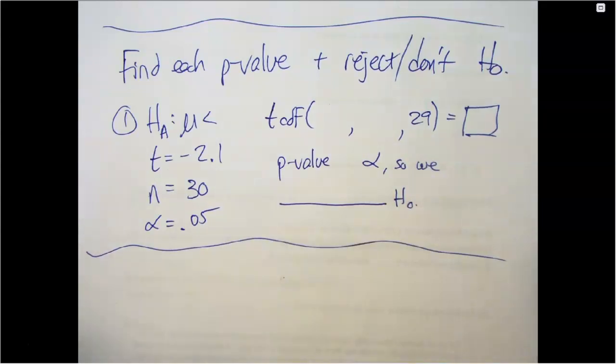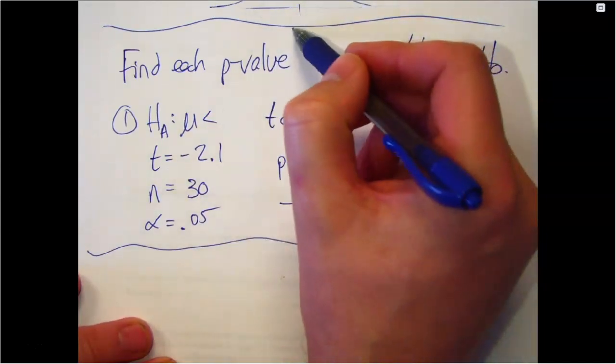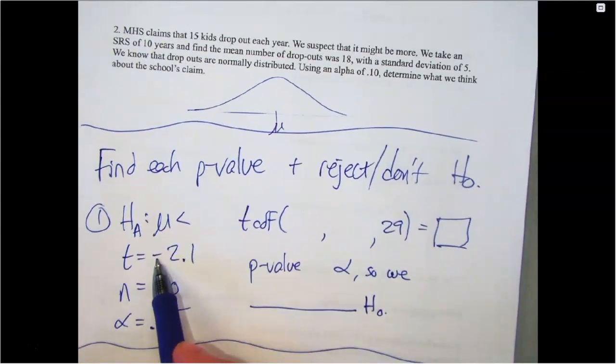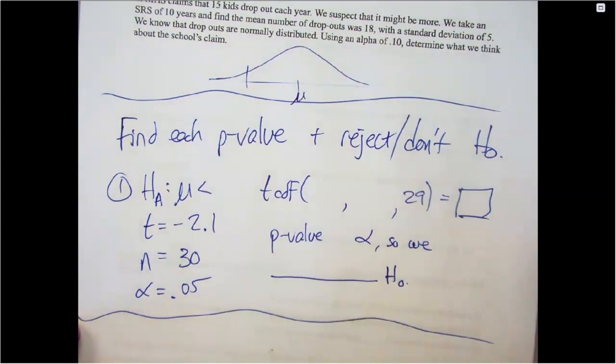I don't really think about it as the rules I'm writing out, like if it's this, you do this. I just sketch the t value. T is the number of standard deviations away from the middle. So if it's negative, are you above or below the mean? You're below. So you're somewhere over there, and the p-value finds you go toward the tail.